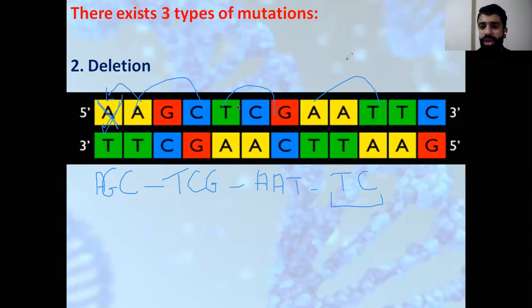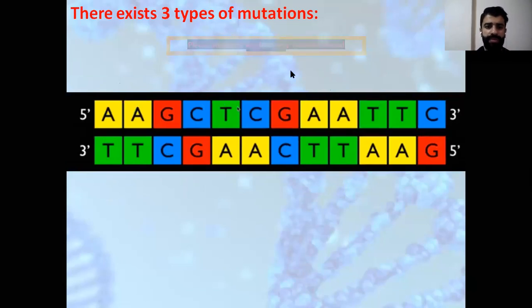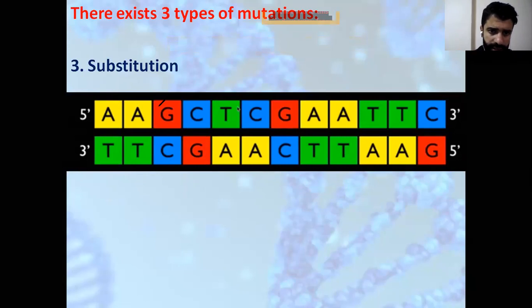The last type of mutation is called substitution. Substitution mutation. What do we do in the substitution? As its name indicates, we substitute. For example, I'm going to substitute the G with A. It's called substitution. So our first codon is going to be AAA.